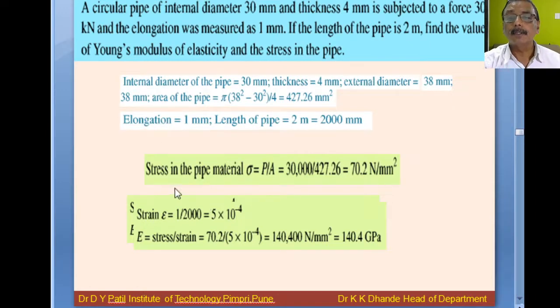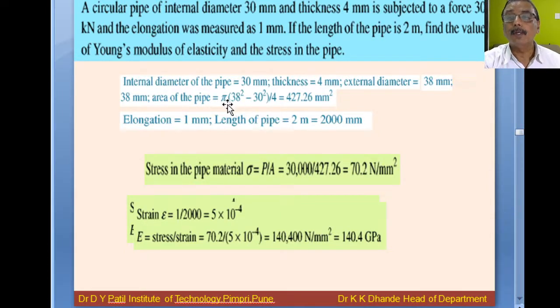Now first, the stress in the pipe material. Stress sigma is equal to, we know, load upon cross sectional area. Load is given, that is 30 into 10 raised to power 3 Newton. Cross sectional area is pi by 4 into (D squared minus d squared), where inner diameter small d is 30 and outer diameter capital D is d plus 2t, which becomes 38 mm.